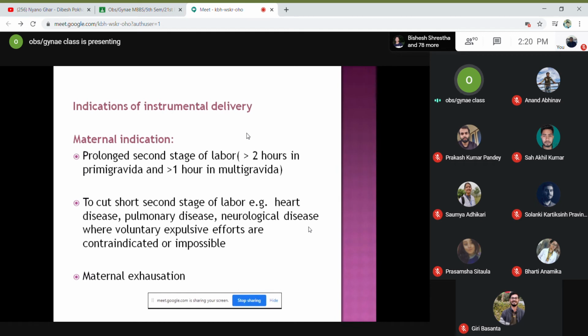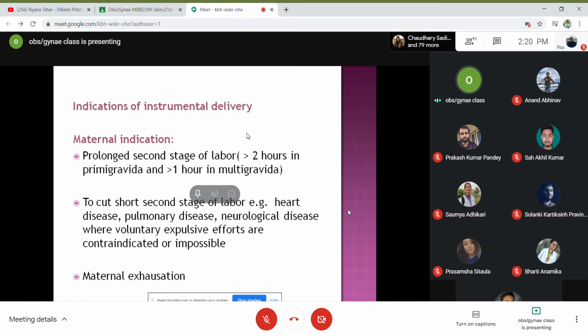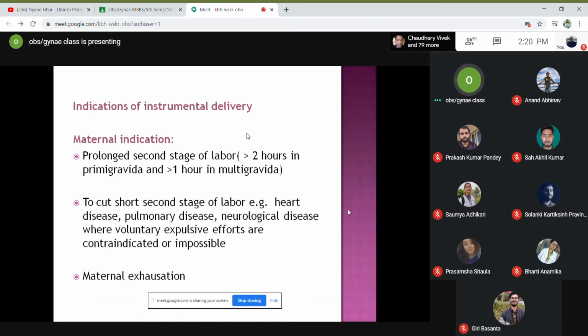The second maternal indication is to cut short the second stage of labor. So when do you want to shorten the second stage of labor? If a lady has some medical disease, like heart disease or some neurological disease where she cannot push, where voluntary expulsive efforts are contraindicated or impossible, then we have to apply the instruments.